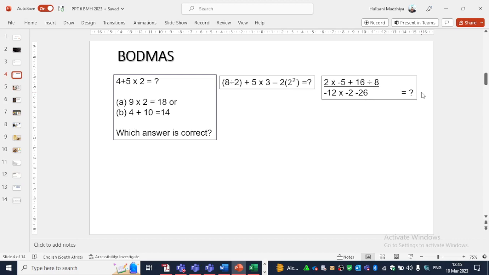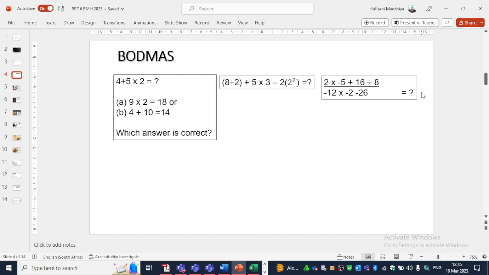And then we're going to move to the second question, which says in brackets 8 divided by 2, plus 5 multiplied by 3, minus, in brackets, 2 to the power of 2, close brackets, equals. So this one I'll be giving to Sima.